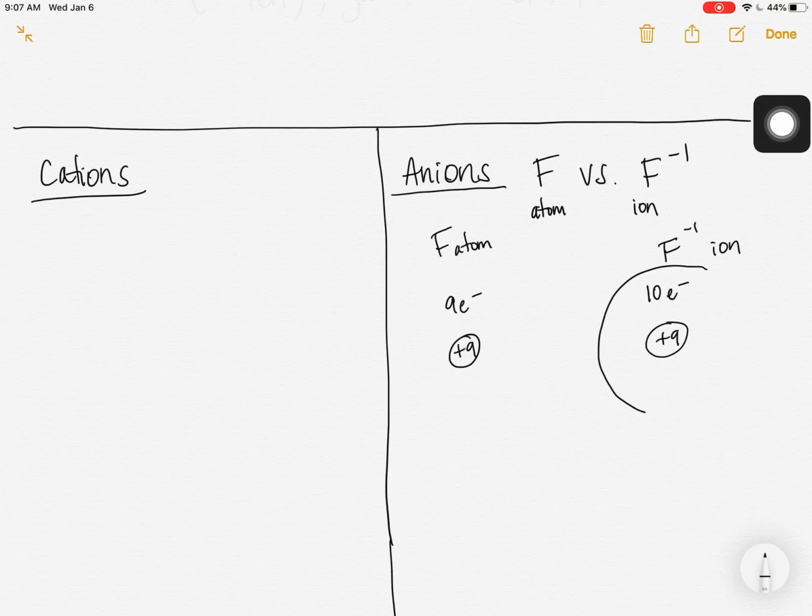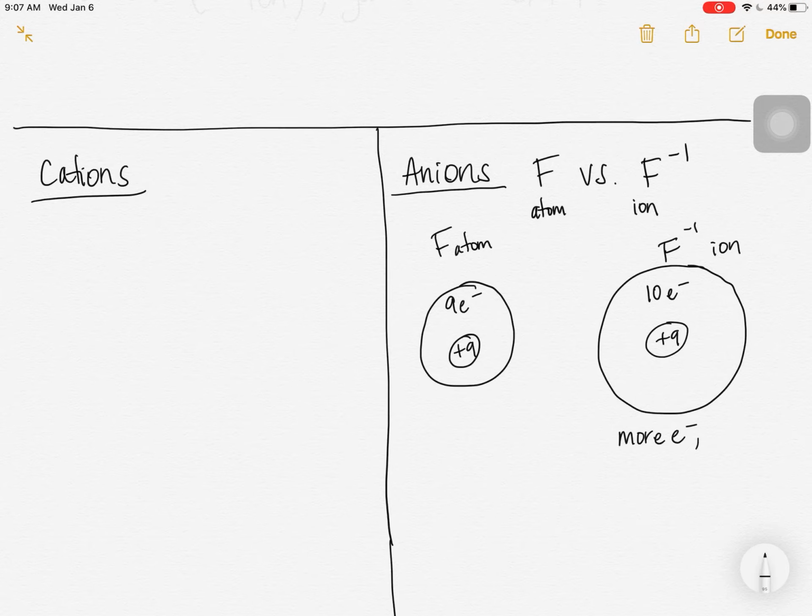So that means this thing is going to be a little bit bigger than this one. This one has more electrons, so it's going to be slightly larger. And the reason we can use that as a rationale is because the pulling power of the nucleus is the same. So this one has fewer electrons, slightly smaller.